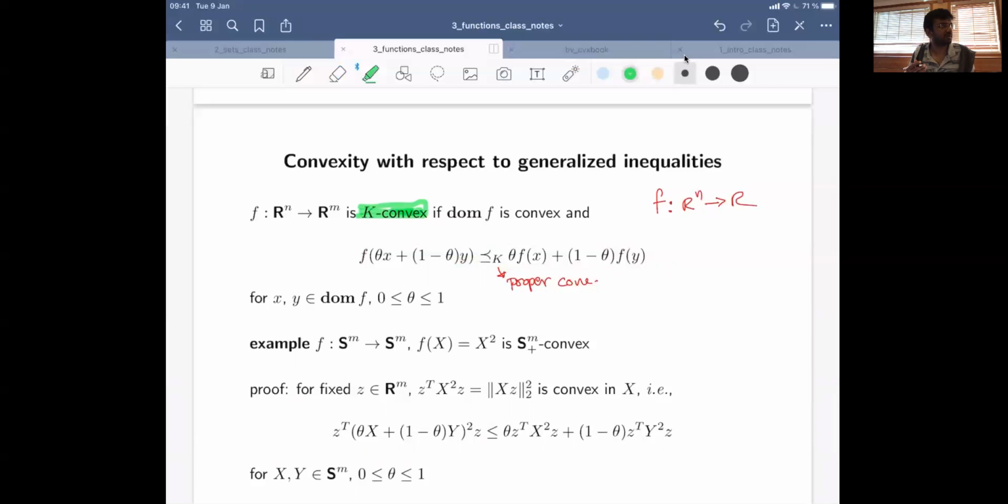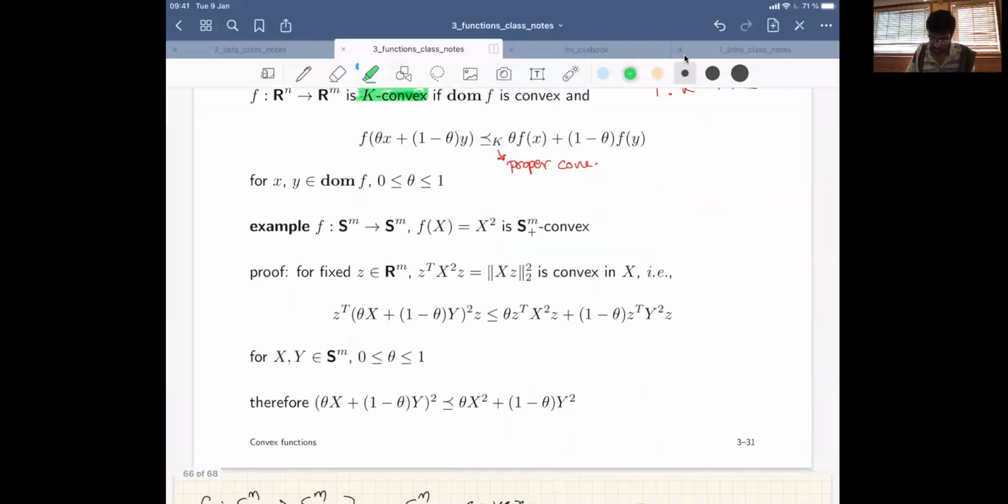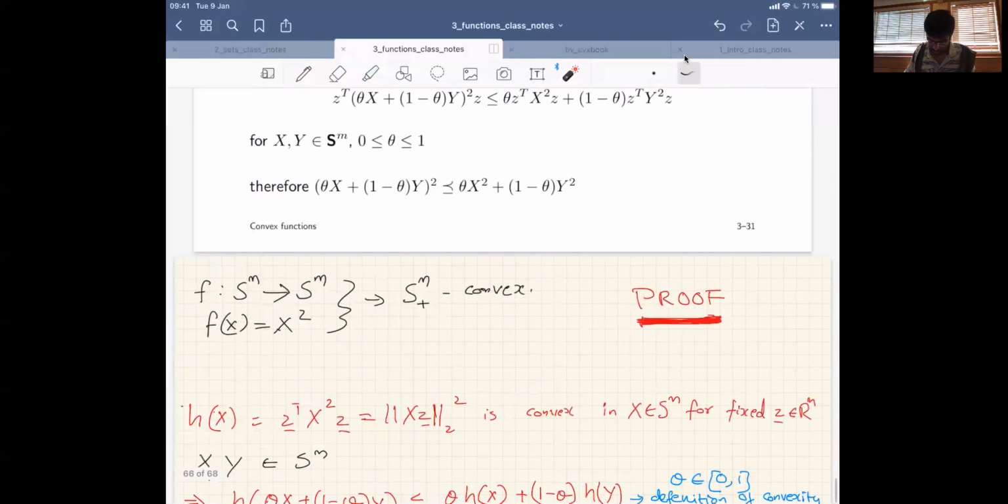So it's not simply convex, it is convex with respect to the proper cone K. Then we say that this function is K-convex. Now we will prove that this function, f of X equal to X squared, is convex with respect to the cone S^m plus, which is the positive semi-definite cone. How do you prove that?